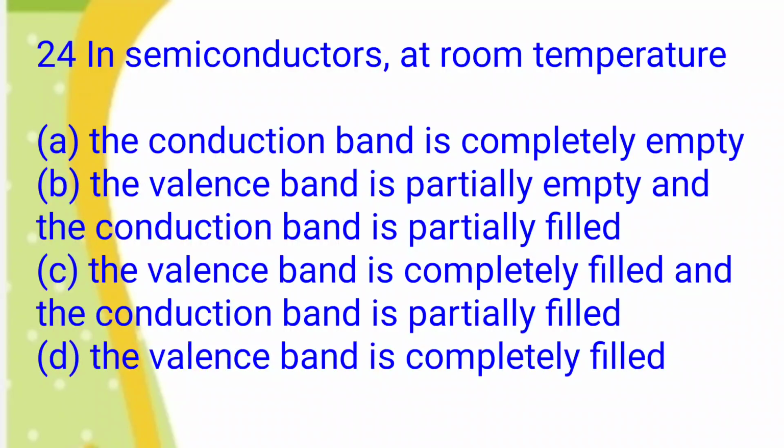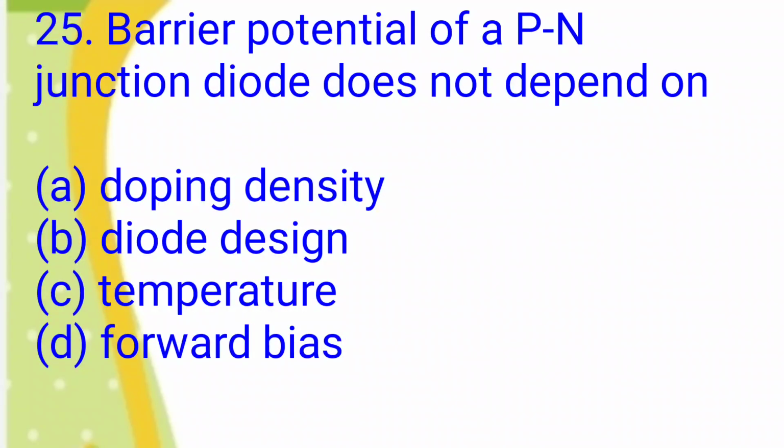In semiconductors at room temperature, the valence band is partially emptied and the conduction band is partially filled. Option B is the correct option. Barrier potential of a PN junction diode does not depend on diode design.